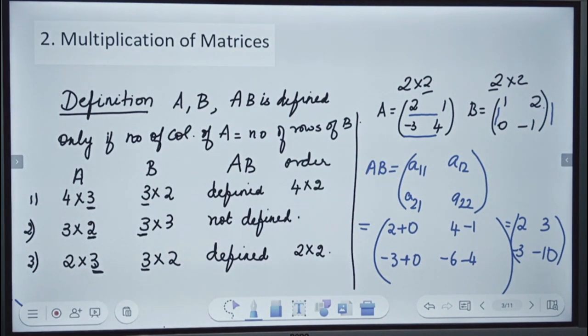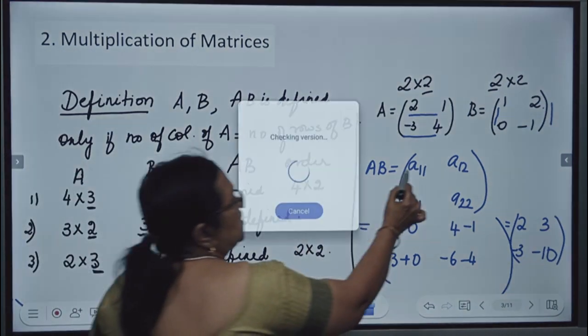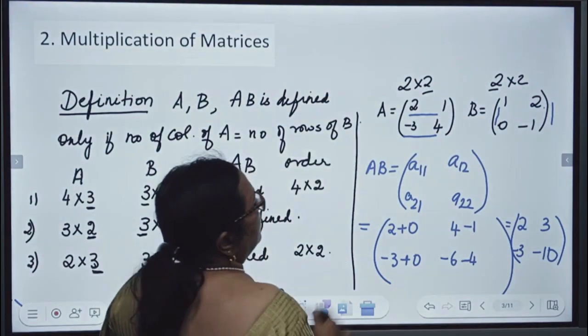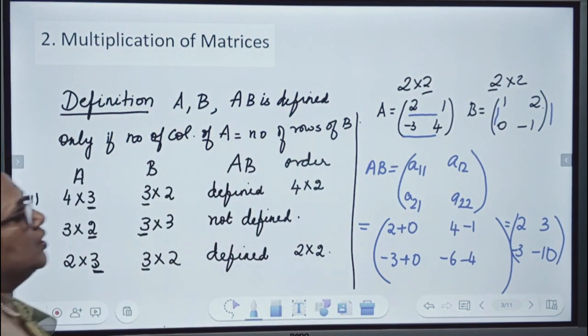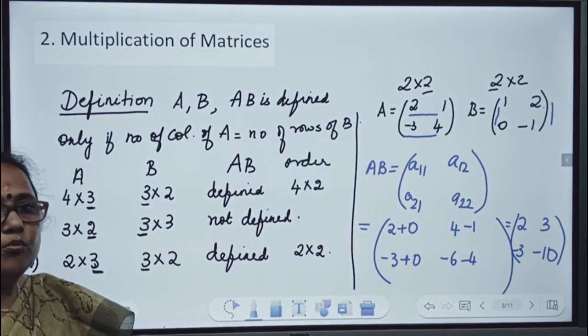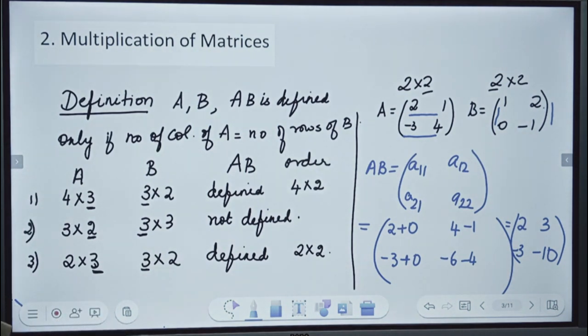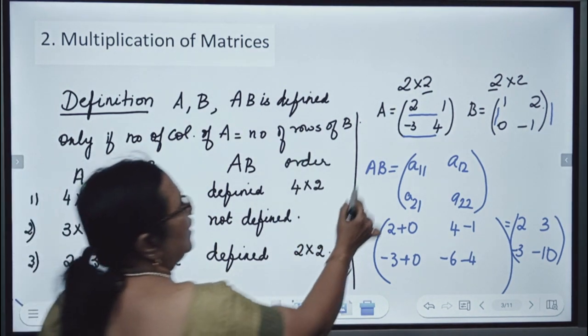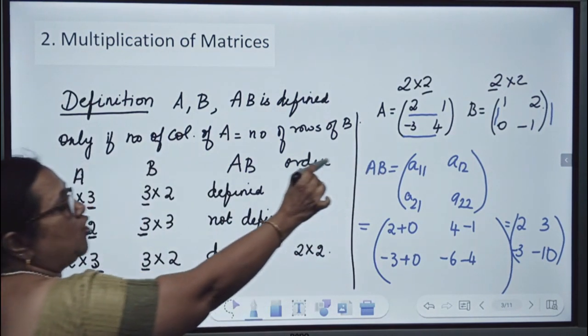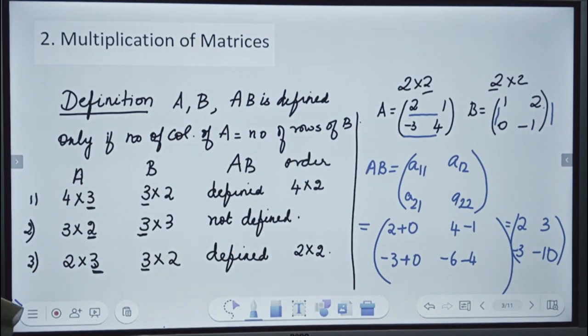So are you able to understand how we are able to find the product? So assume that the product has elements A11, A12, A21, A22. A is of order 2 by 2, B is of order 2 by 2. So AB is also of order 2 by 2. And it has got elements A11, A12, A21, A22. Right? Now how do you calculate? A11 means first row of the first matrix into the first column of the second matrix.